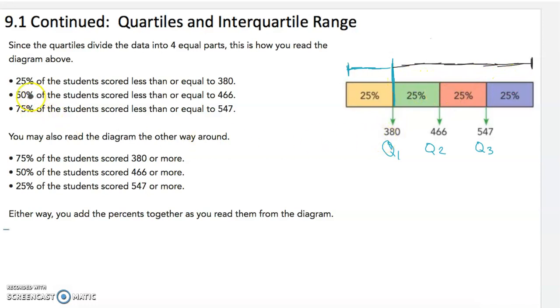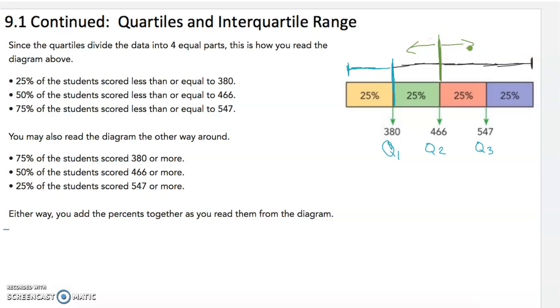All right? You could say 50% of the students scored less than 466. Well, here's 466. And as you can see, 50% are less than or equal to 466, and 50% are greater than or equal to it.